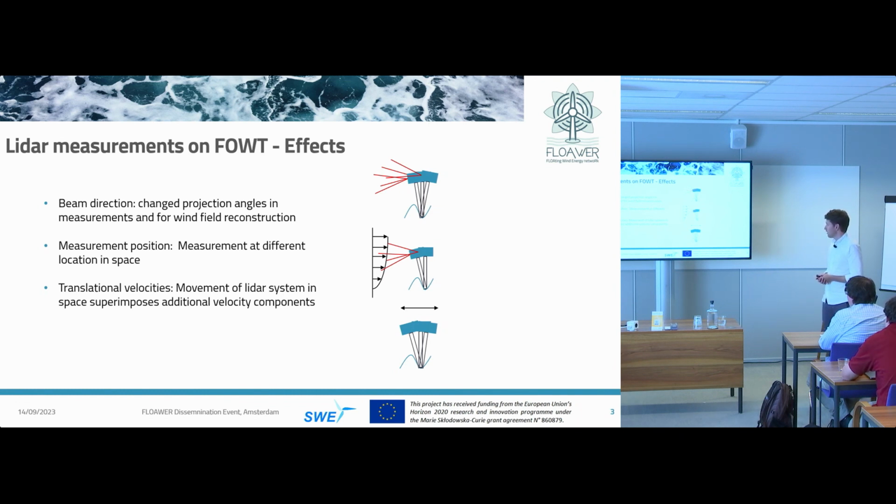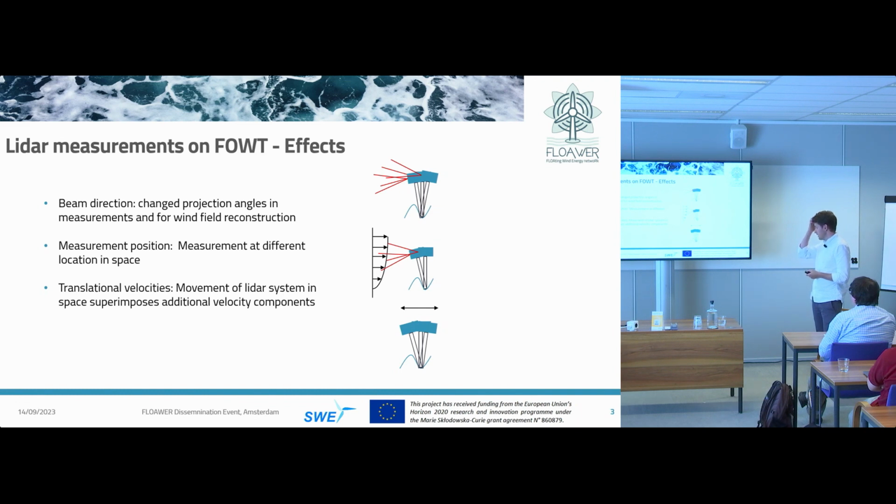First of all, if you think of the lidar pointing into the wind field, there are changing beam directions. And this means there are different projection angles between the lidar beams and the vector of the wind velocity, and this changes our measurements.